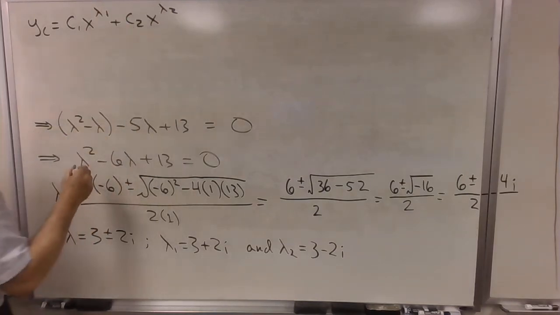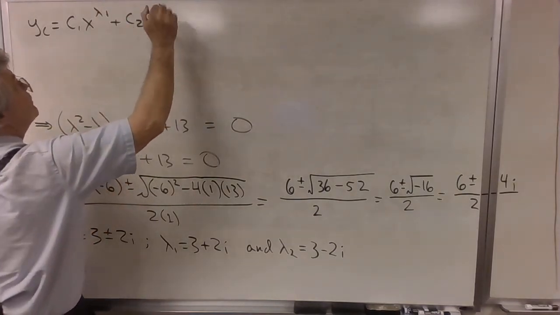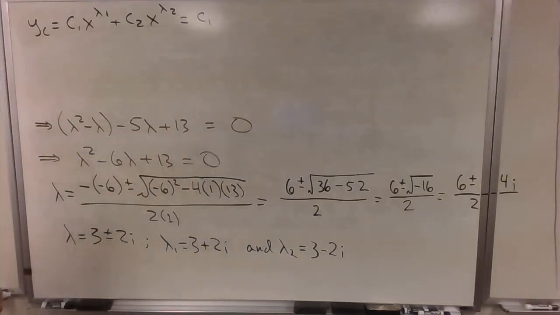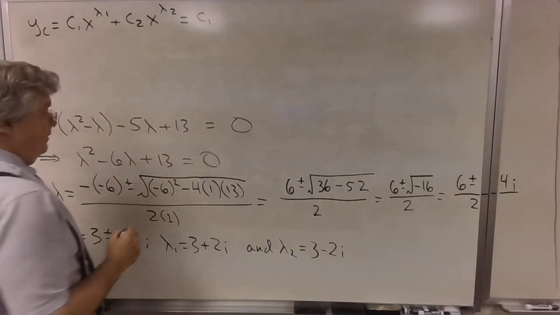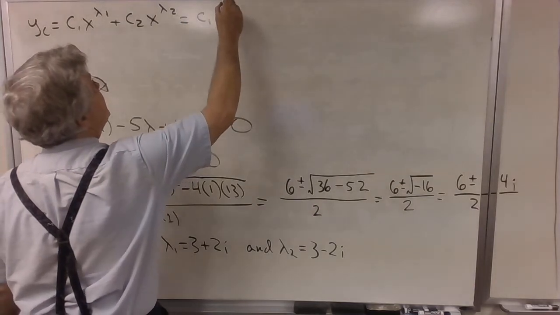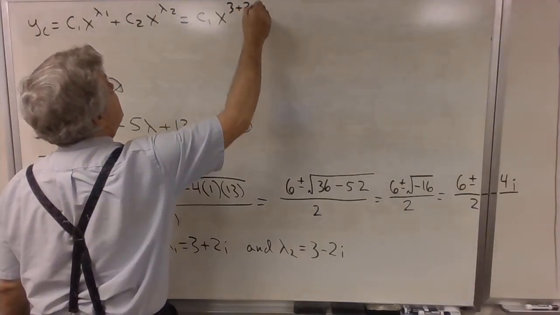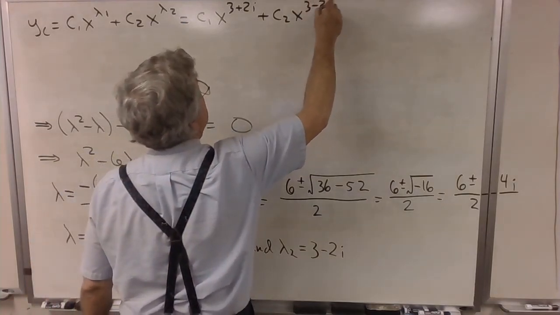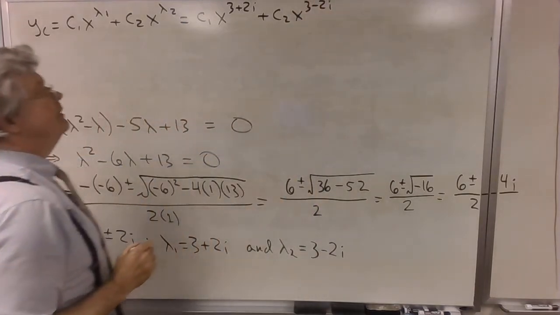So I plug in lambda 1 and lambda 2. X to the 3 plus 2i, x to the 3 minus 2i. Okay.